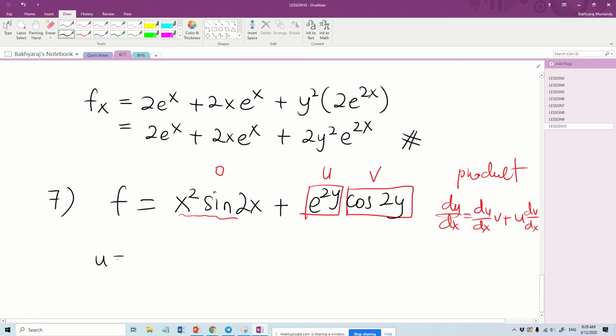U is actually exponent 2y, and your v is actually cos 2y. So get your du over dy and dv over dy, because our variable this time is y.